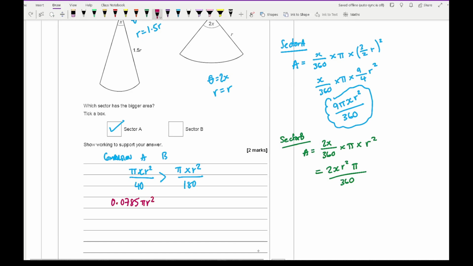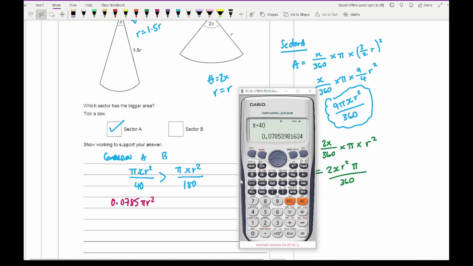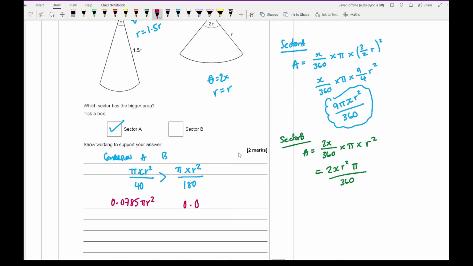Then I work out pi over 180, so pi divided by 180 equals 0.0175. As you can see, this area is bigger than this one, so sector A has a bigger area.